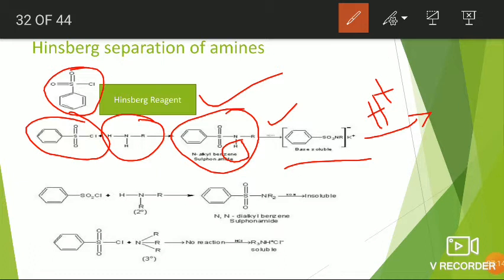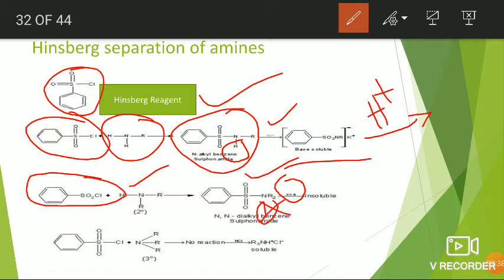The secondary amine also undergoes reaction with Hinsberg reagent to form the corresponding sulfonamide. This sulfonamide doesn't enter into the aqueous base layer, because there is no hydrogen on the nitrogen atom, so it doesn't react with base, so it is present in the ether or organic layer only.